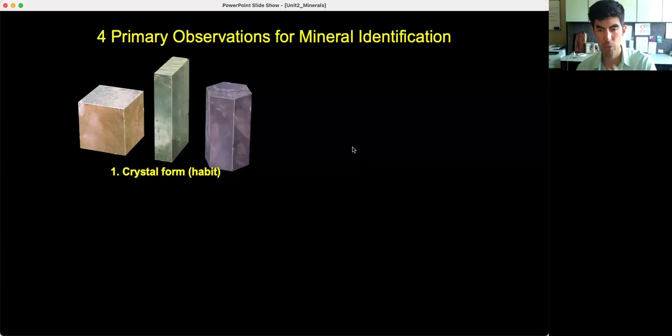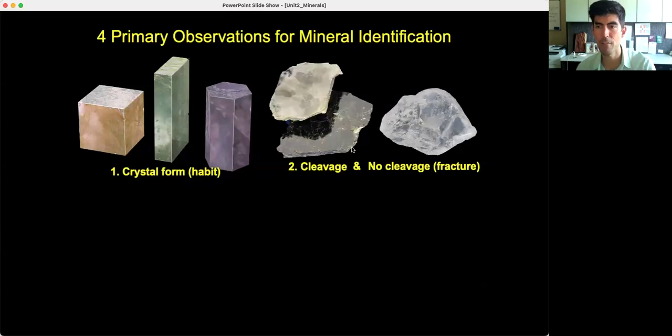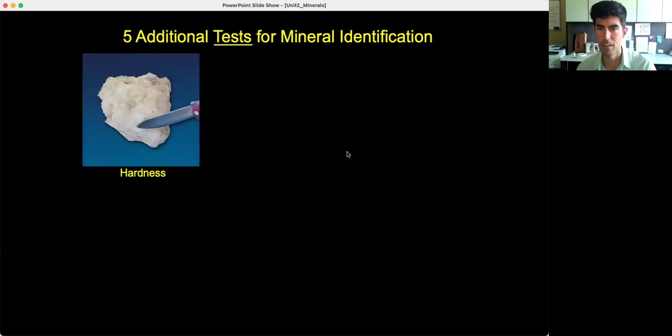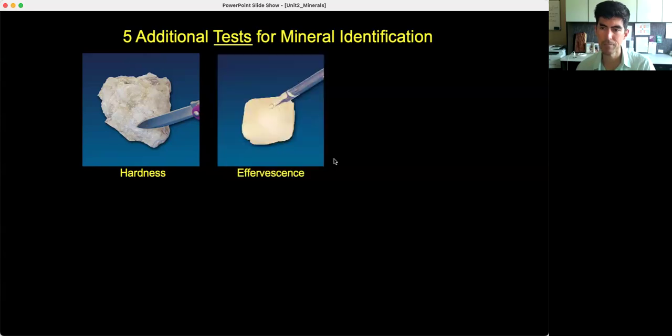Okay, so those are the 4 different methods for identifying minerals: crystal form, cleavage or fracture, color, and luster. Finally, there are 5 additional tests that can help add a little bit more specificity. There's hardness. We've already talked about this, as how hard is the mineral, how resistant is it to breaking.